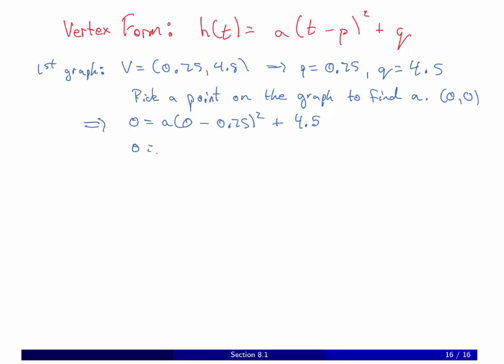So we're going to have 0 equals a times 0.5625 plus 4.5. We're going to move that over: negative 4.5 divided by 0.5625. So a equals negative 8.